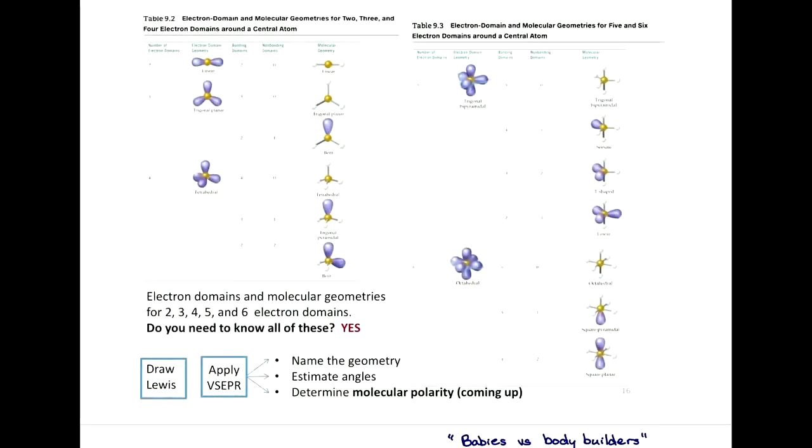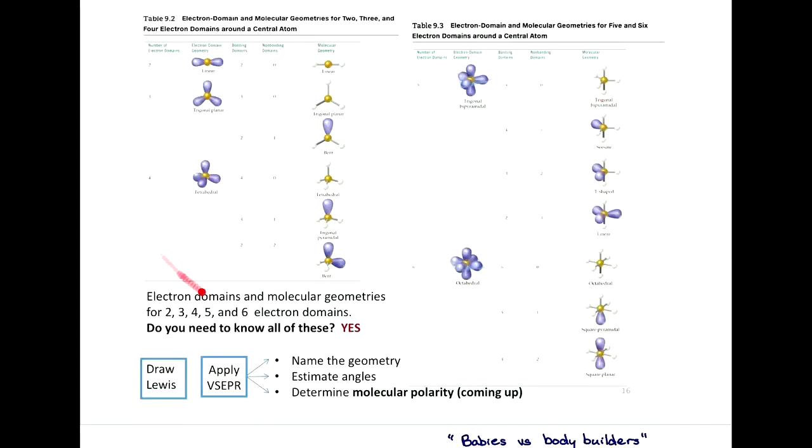Before we move on, here are all the different shapes. You do need to know all of these. You need to know their names, how to make them, their ideal bond angles, and, depending on whether you have lone pairs or double bonds present, slight deviations from the ideal bond angles.